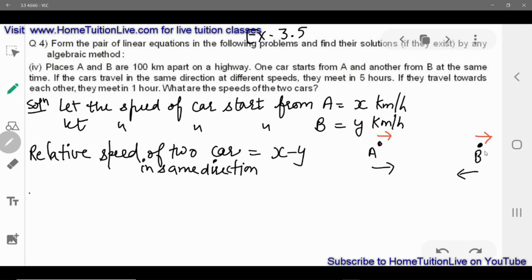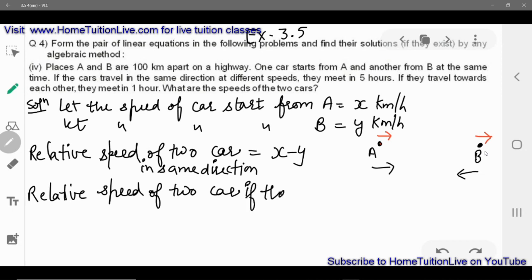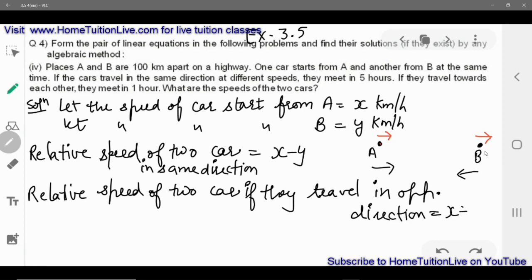And the relative speed of two cars, if they travel in opposite direction, then the speed will be plus, that is x plus y.